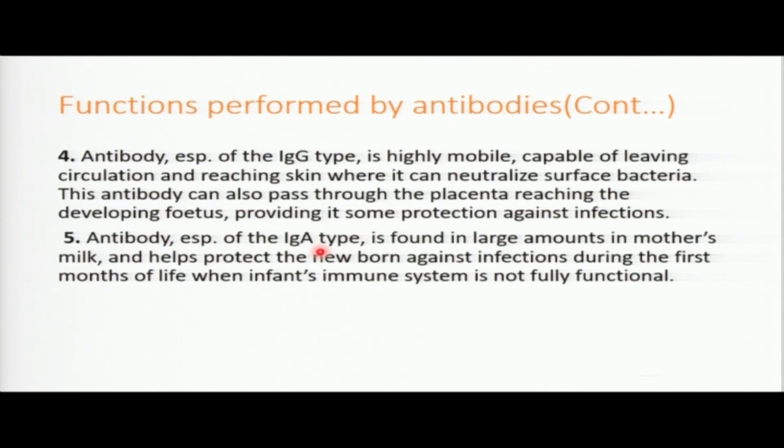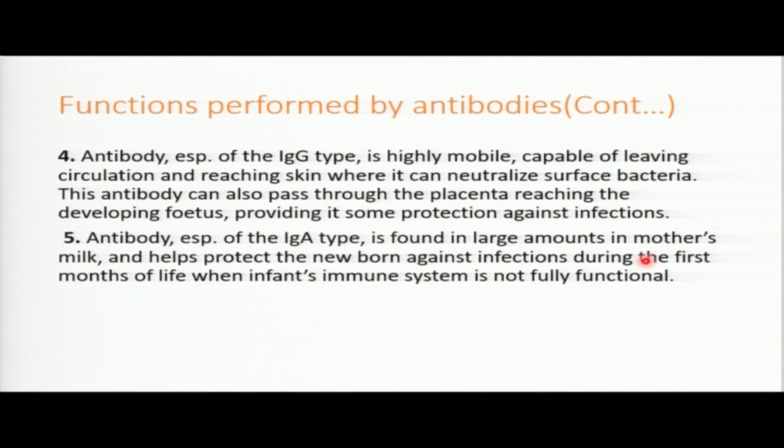We also have the antibody immunoglobulin A, found in large amounts in mother's milk, which helps protect the newborn against infection during the first month of their life. Once the baby sucks the mother's breast milk, the baby gets that immunoglobulin A, and once the baby gets those antibodies, they can protect them through their life.